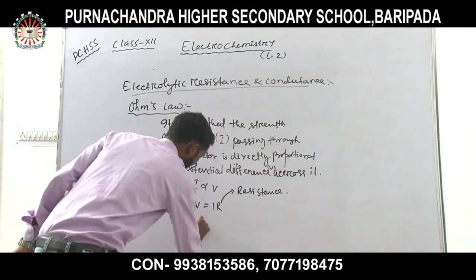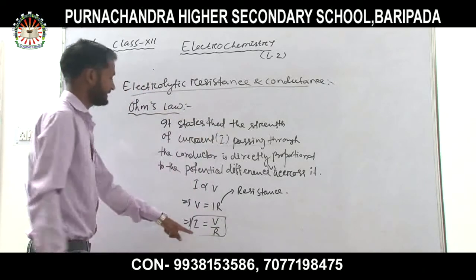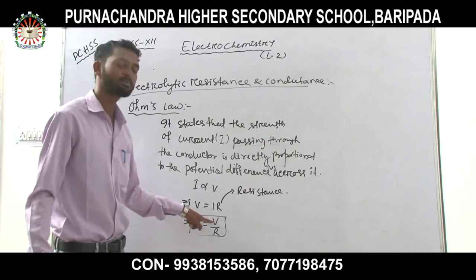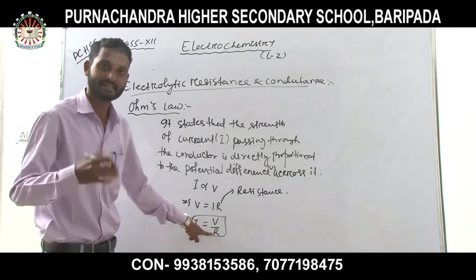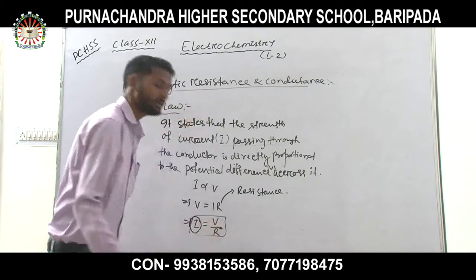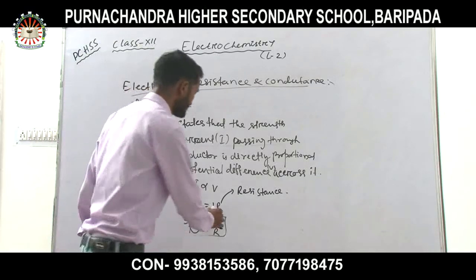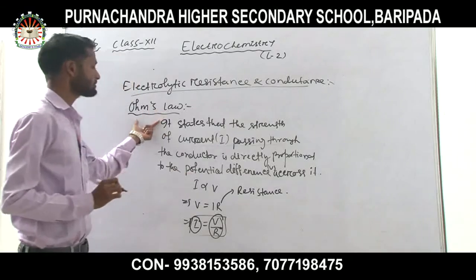So I is equal to V by R. The electric current is directly proportional to the potential difference and inversely proportional to the resistance. That means if the resistance is more, then the strength of the current will be less. So I is equal to V by R. That is Ohm's law.